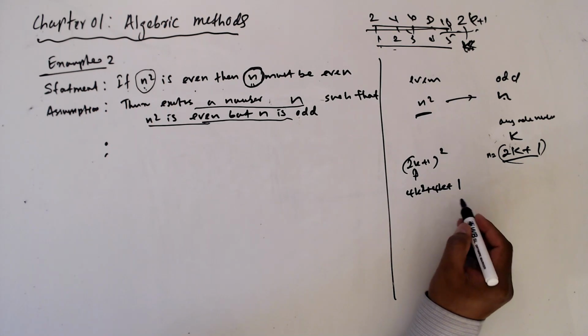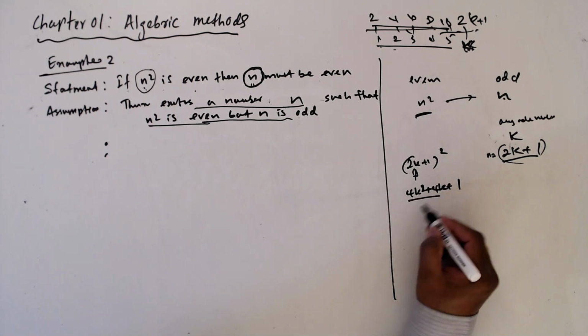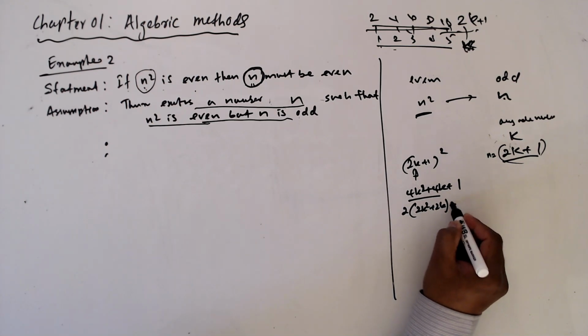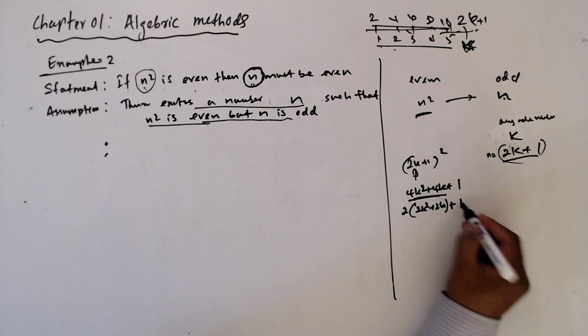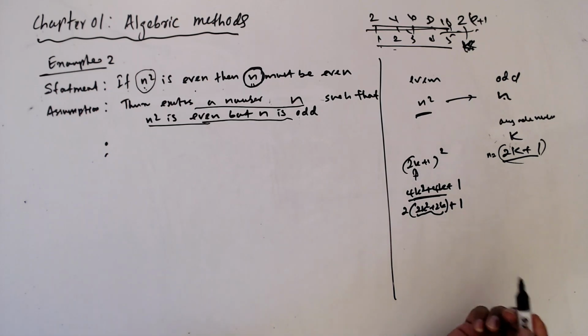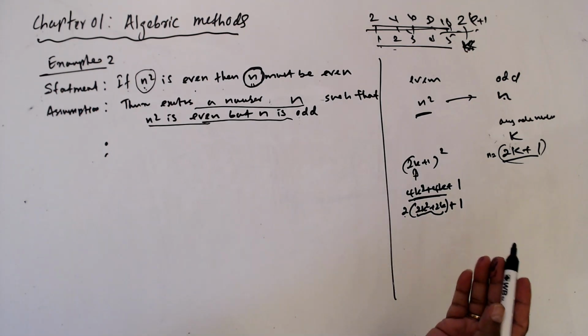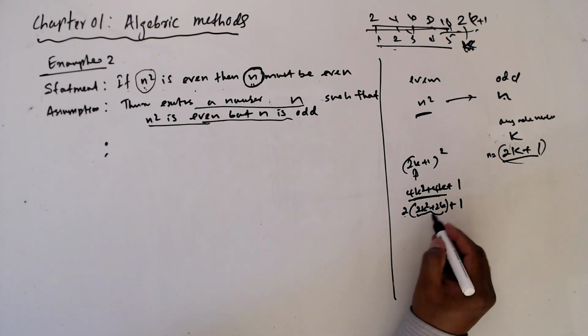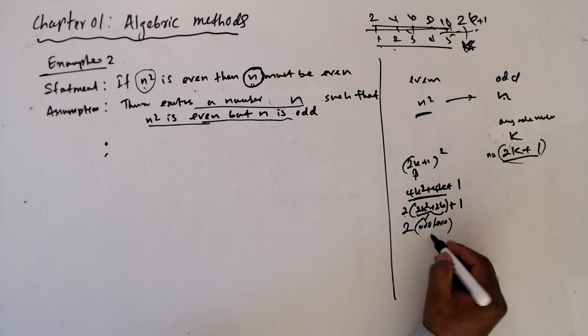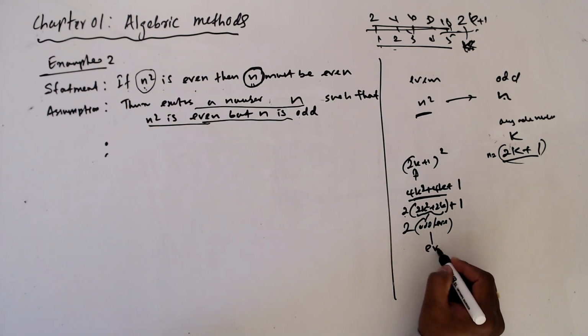I will factor out 2. This is 2 times 2k square plus 2k, and this is plus 1. It doesn't matter what that number is. When you double it, it becomes even.